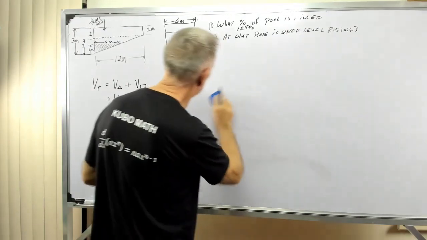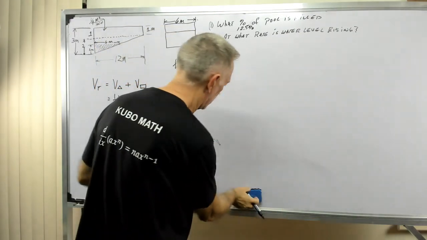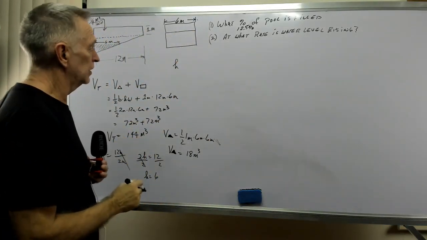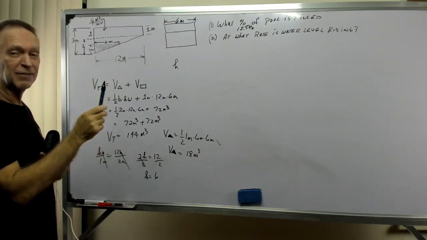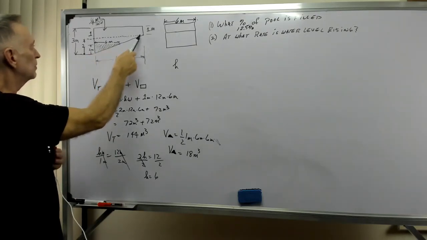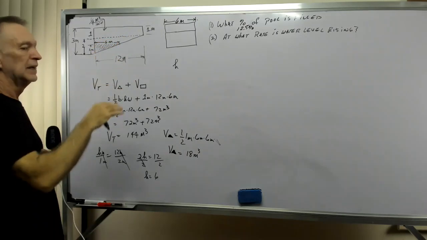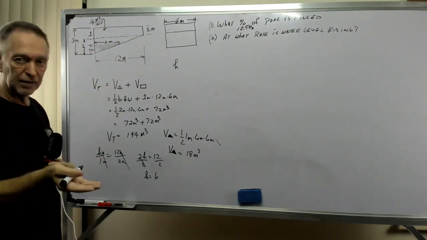Now let's move on to the next question, and it says, at what rate is the water level rising? Now you'll notice they have a few tricks in this problem. The geometry associated with this rectangle that goes across the pool doesn't come into play because the water hasn't gotten to that level.